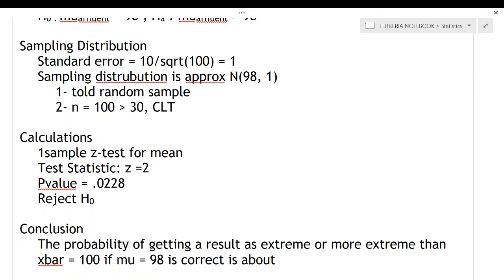Is about 0.0228. We rejected, right? So did we get a significance level?